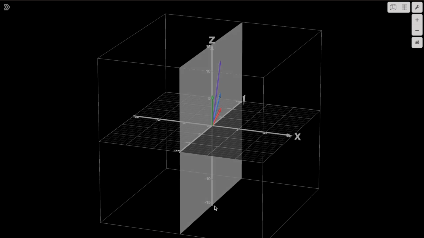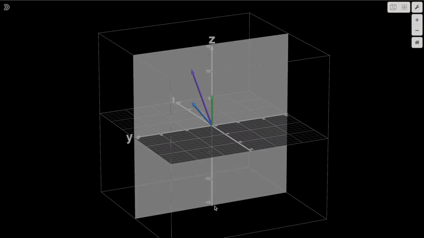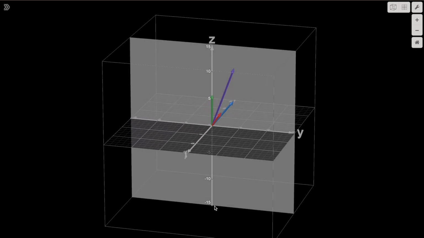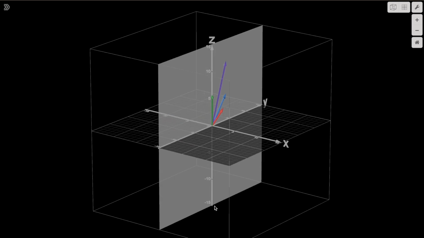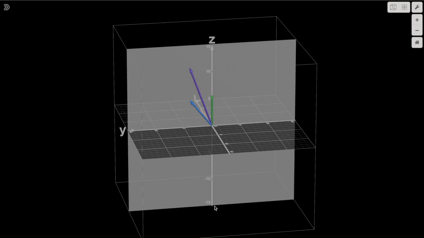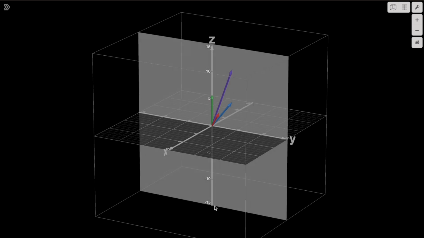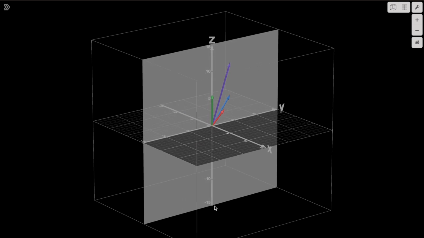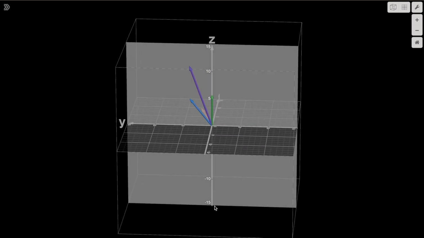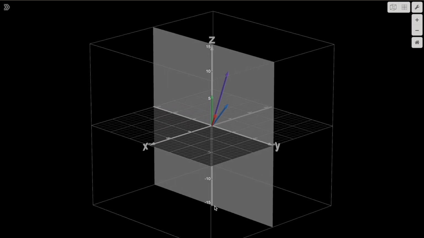The visualization you are seeing right now, this gray YZ plane, is a column space of a matrix, and the vectors lying in this column space, the green vector, the blue vector, and the purple vector, are the column vectors of the matrix corresponding to this column space. So in today's video we will see what column vectors and column spaces are.